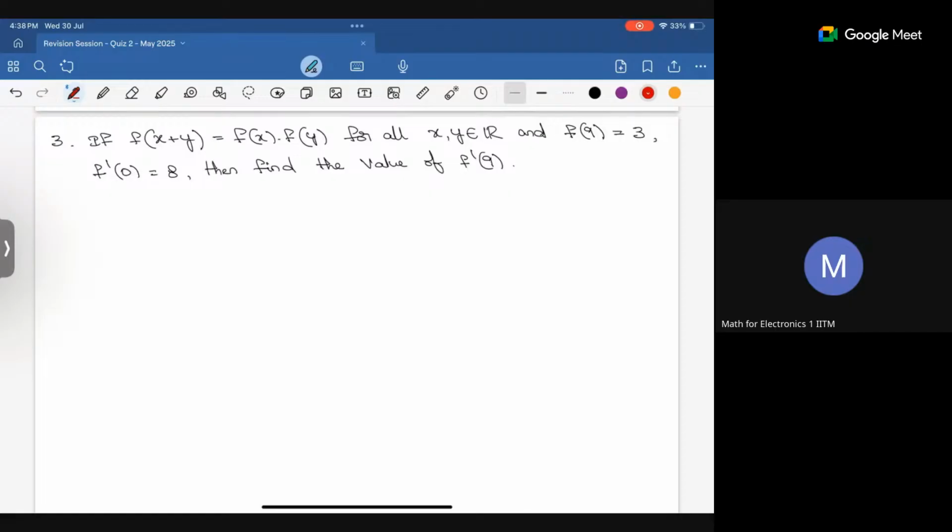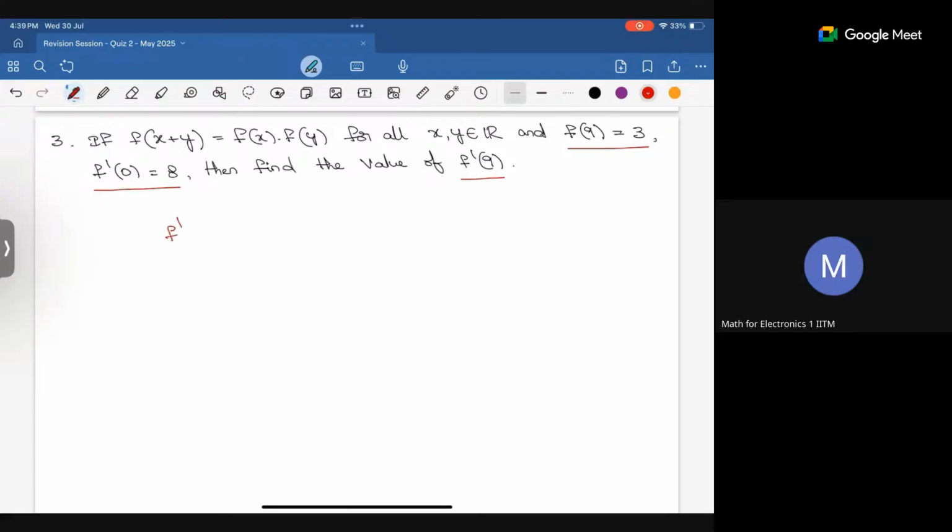So we really have to use all the techniques that we know to solve this particular problem, and also the knowledge on the expressions. We have f prime of 0. We have been given f of 9. All we have to do is to find f prime of 9.